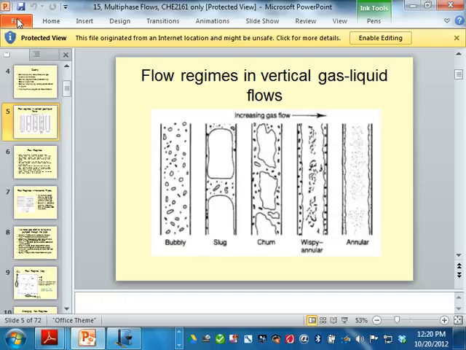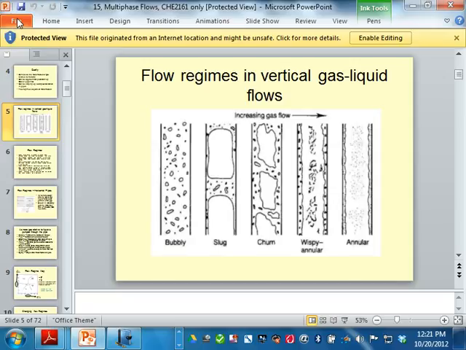The reason the liquid sticks on the side is because the liquid has a higher surface tension, so it tends to stick to the surface rather than inside. So from very little gas and a lot of liquid to very little liquid and a lot of gas, the flow regimes change. Later on, we use the homogeneous flow model. They are actually meant for this region here, the central region.